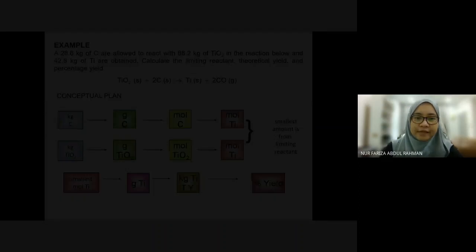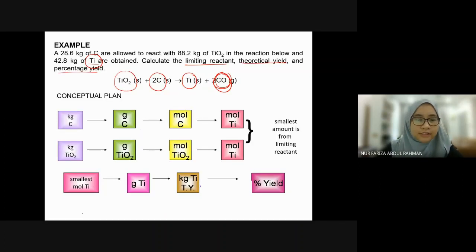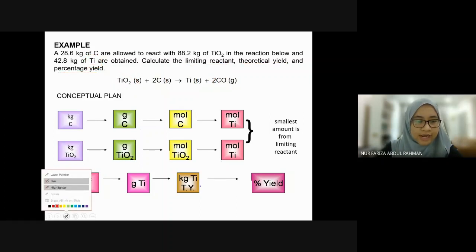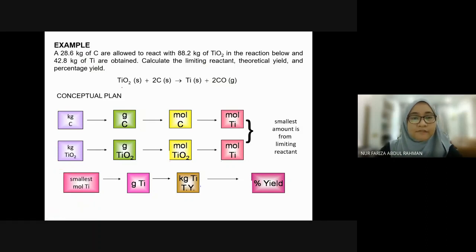Okay, all right. Let's assign all the masses to the respective reactants and product. So carbon we have 28.6 kilogram. Titanium dioxide, titanium oxide, we can name it titanium 2 oxide.